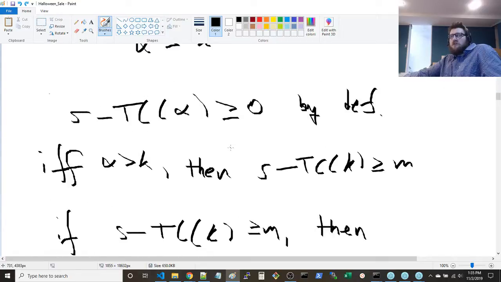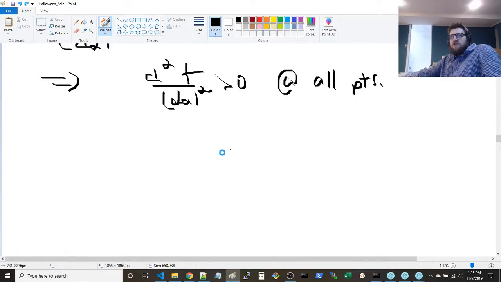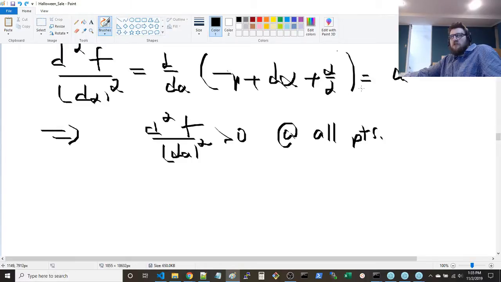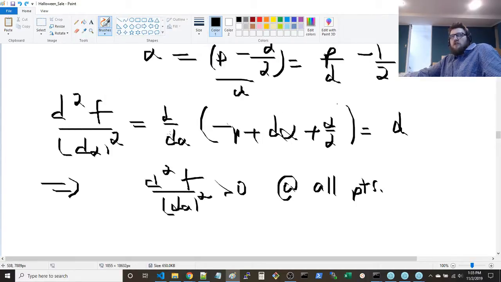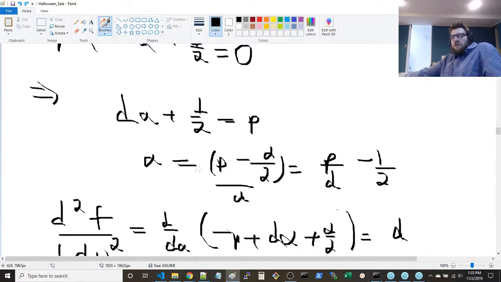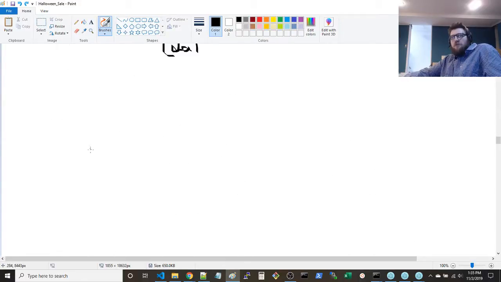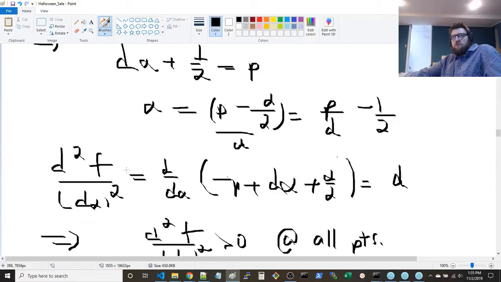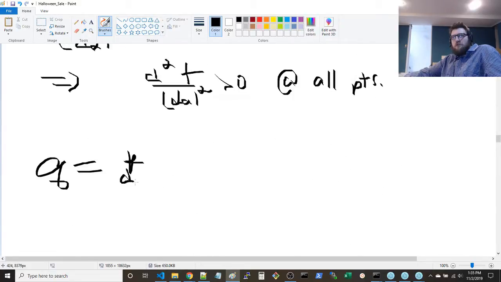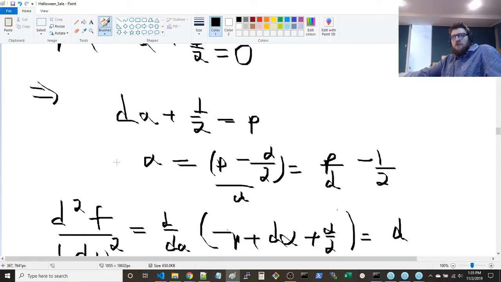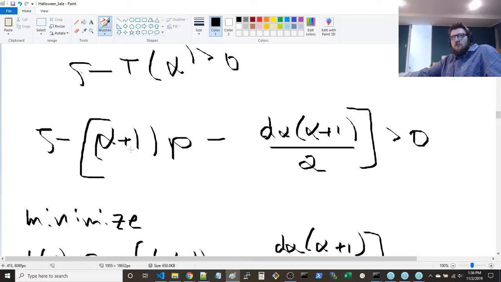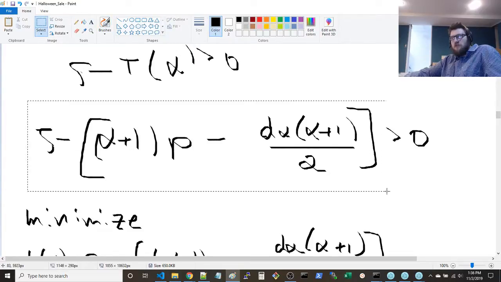But anyway, what that means is we can find the minimum of this function by just plugging in this alpha, P over D minus a half. So let's let Q equal P over D minus a half. And F of Q looks like this.